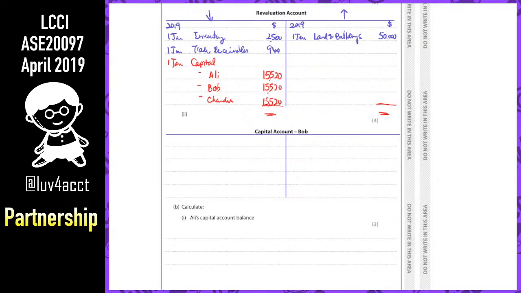So, capital account, $84,900, balance 1st of January 2019.